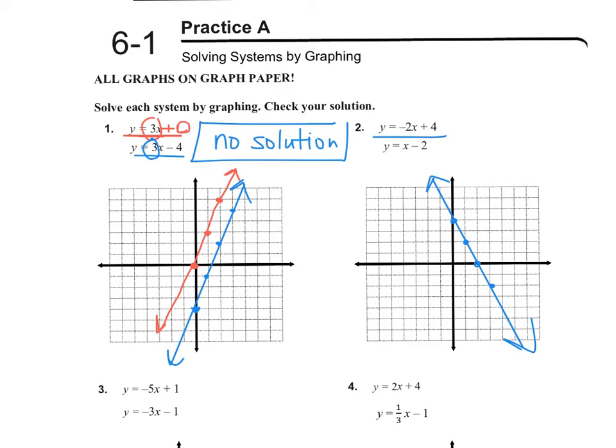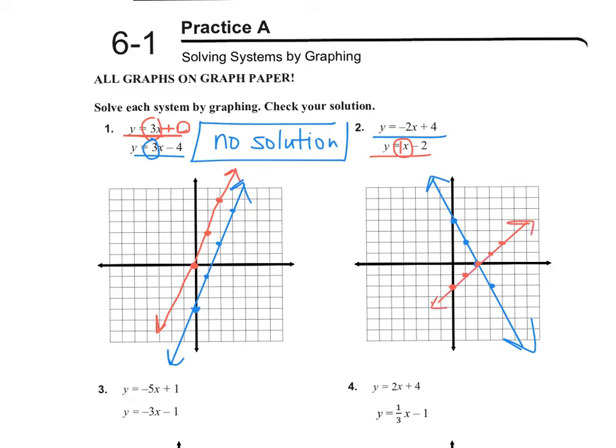Okay, then for the second line, we're going down 2 for our y-intercept, and then our slope is 1, right? If there's nothing in front of it, it's a 1 out in front. So that would be up 1 over 1, up 1 over 1, up 1 over 1, and so on and so forth. So our graph looks like this, okay?